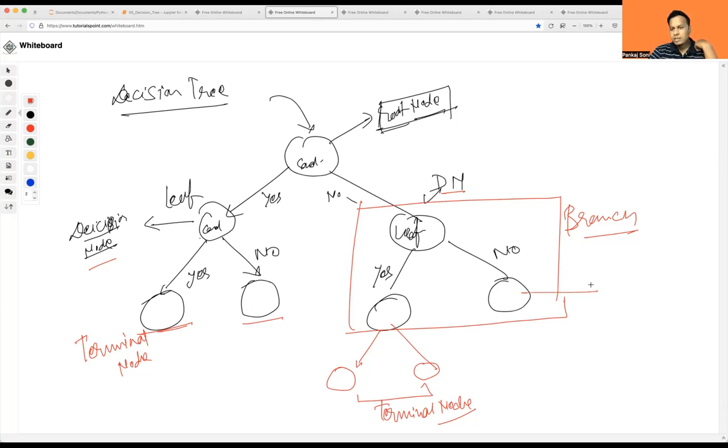Now we have something called pure node. What is this pure node basically? Since we don't have any further category here, whatever result you are getting must belong to one category only for any node to become a pure node.